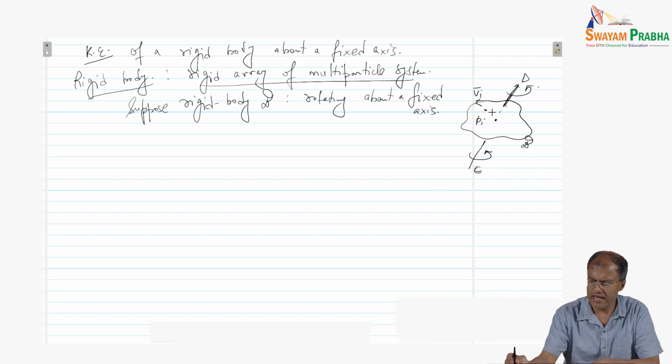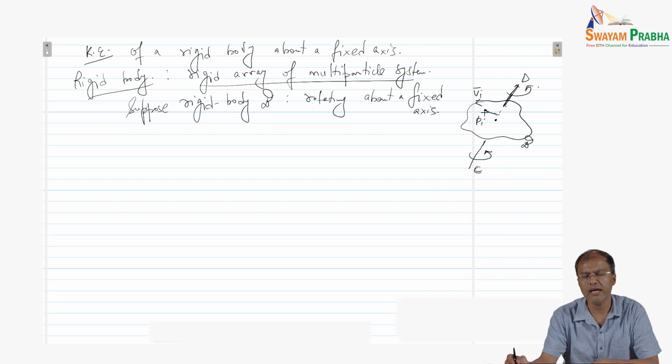At any given point, the perpendicular distance of any given particle Pi from the axis of rotation is what matters for the rigid body, right? So let us call this perpendicular distance Pi, right? This is my Pi here, and since the body is rotating, the particle itself will experience a velocity Vi, which is the translational velocity of the particle.